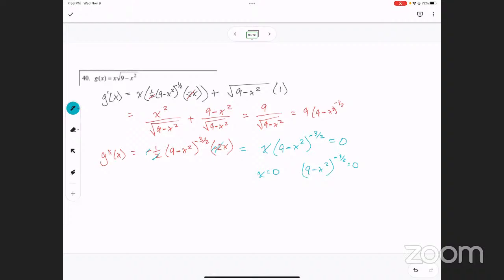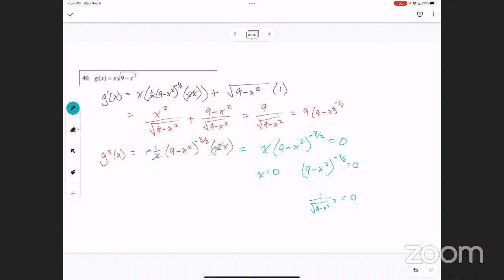Well, let's think of it like this. That's like 1 over the square root of 9 minus x squared, cubed, right? Is that allowed to equal 0?